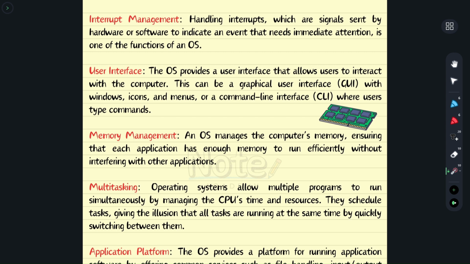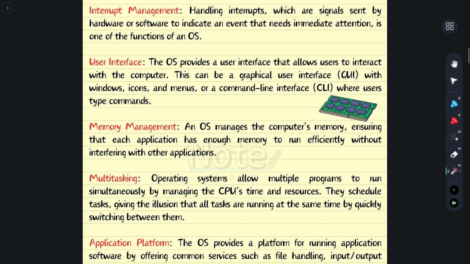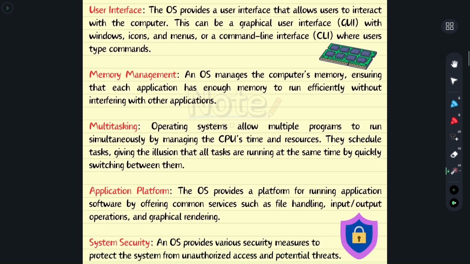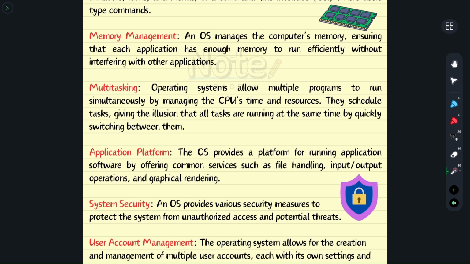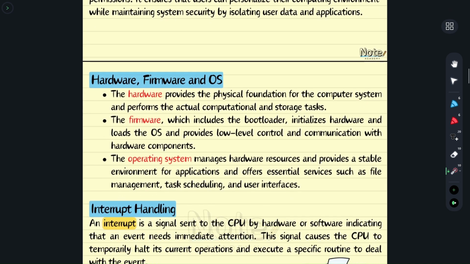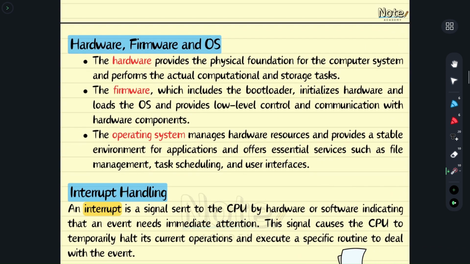So if you have a browser opened up alongside a game and other software running in the background, this is the operating system allowing a user to do multitasking. There are a few other functions mentioned here as well, so make sure that you go through all of them. However, I recommend that you remember at least four of them. Alright, so coming down to hardware, firmware, and OS.